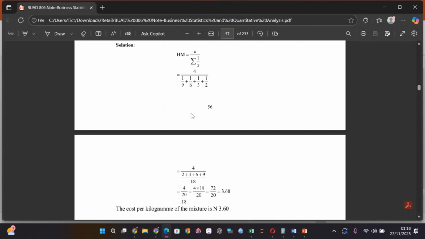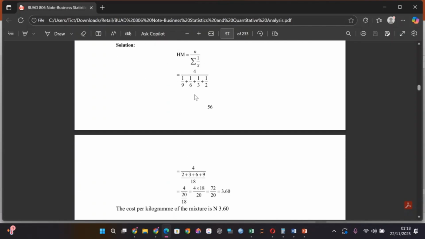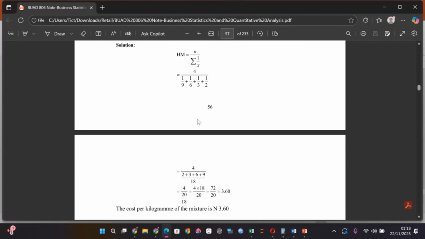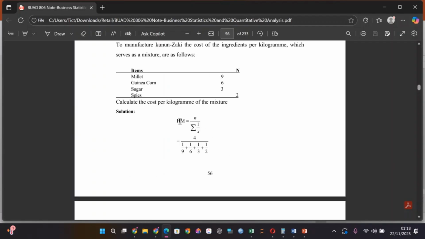Now how you can solve something like this. Are we together? I keep telling you that if you want to forget anything, don't forget the formula.